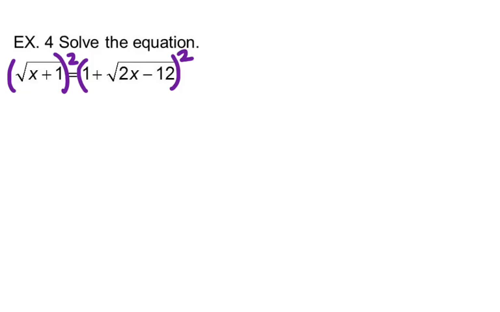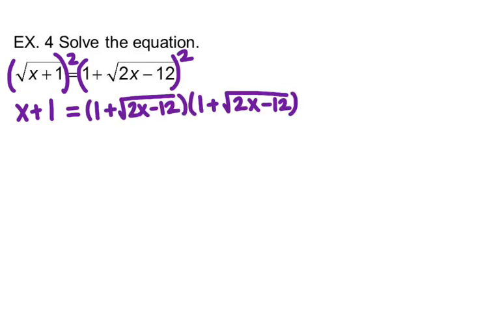So when I square the square root of x plus 1, that's just going to be x plus 1. On the right-hand side, I'm actually going to have to FOIL this binomial out. So I'm going to write it 2 times, 1 plus the square root of 2x minus 12 times itself. And I'll need to FOIL these 2 out. So when I FOIL this, 1 times 1 is 1. That's the first term.